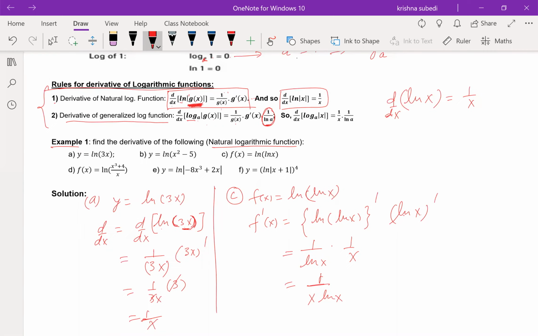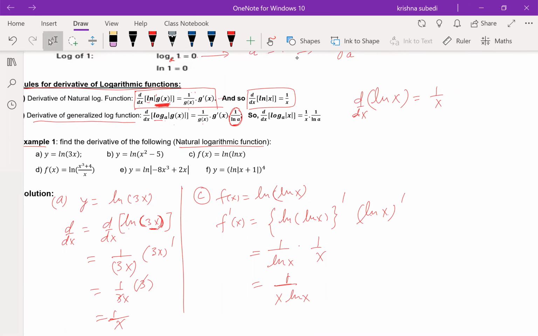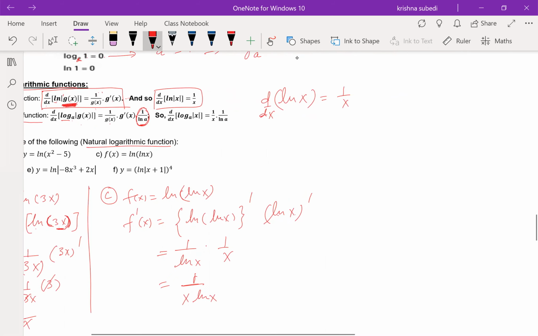Okay, let's try part E, maybe F. y equals ln of x plus 1, and then power 4.